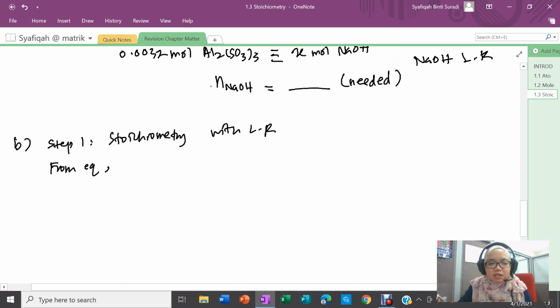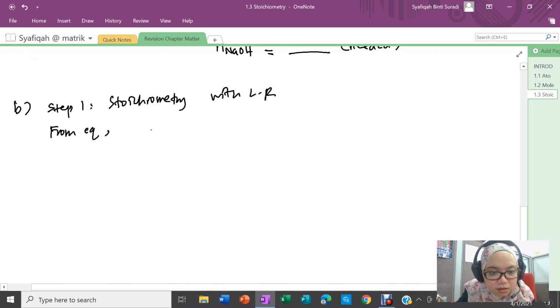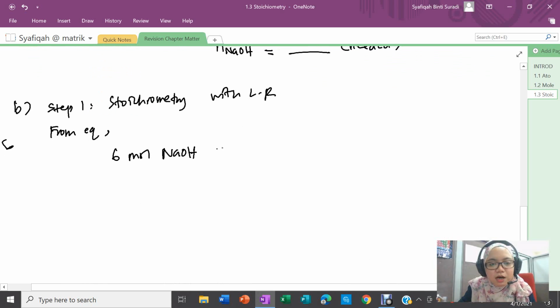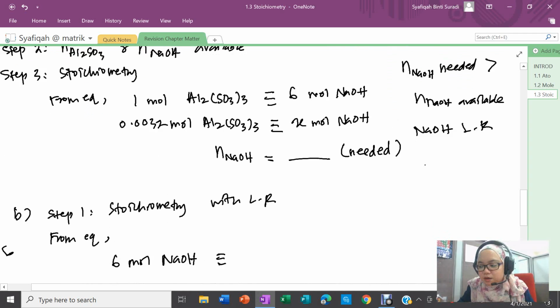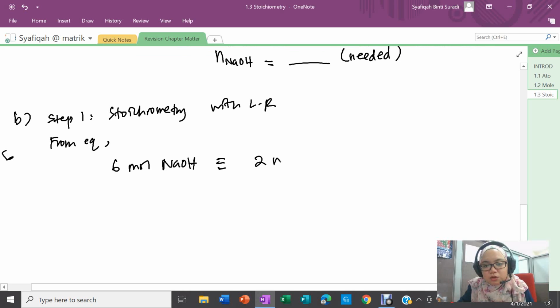Ni. 6 mole NaOH akan produce berapa mole aluminium hydroxide? 2. Will produce 2 mole of aluminium hydroxide.